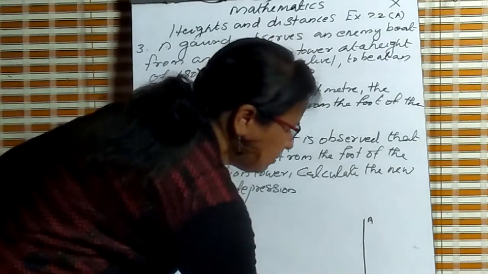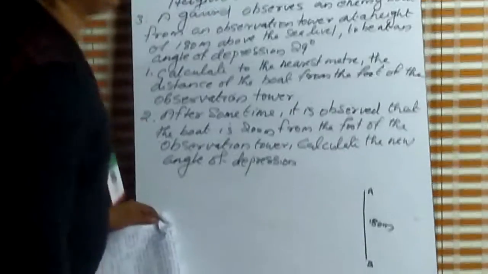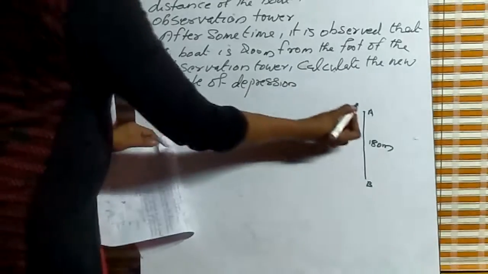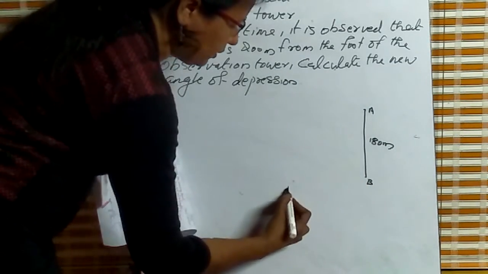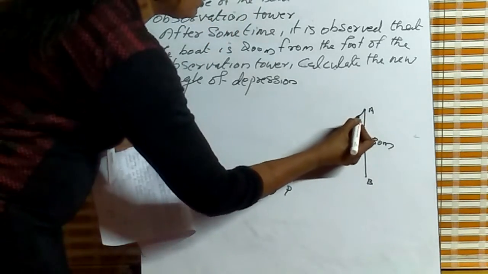Let AB be the tower and its height is given 180 meters. A guard is standing at this point and observing the boat. P is the point of the boat.